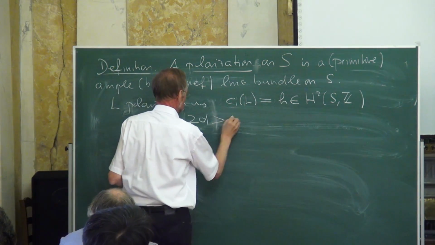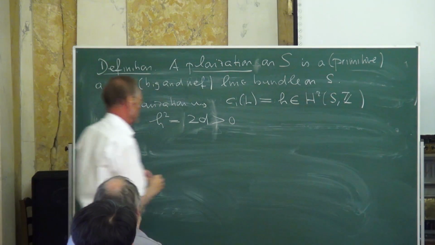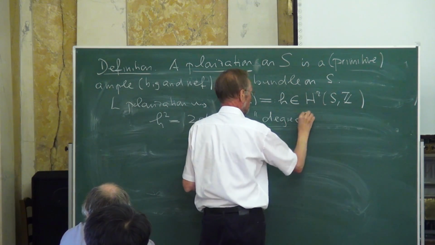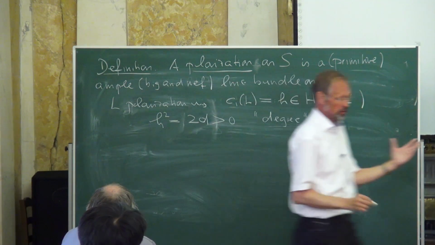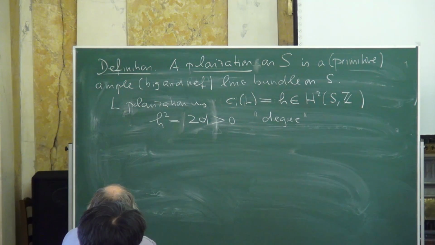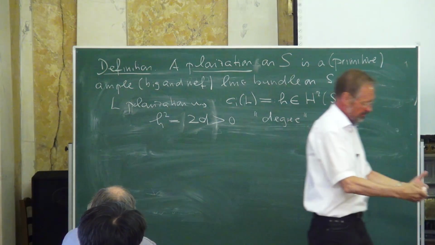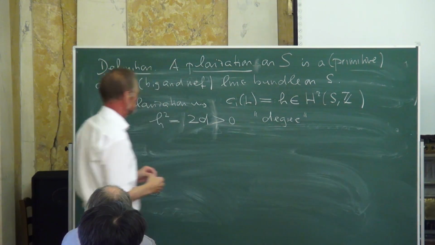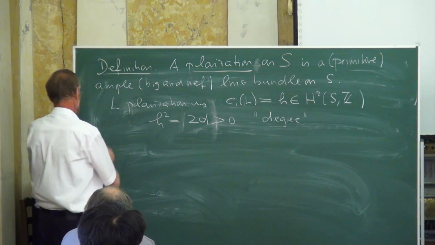So this is 2d and it's positive, yeah? And I call this the degree of the polarization. And you should think about it as the degree of this embedding. So if you intersect with a complementary dimensional projective space and count the number of points, that is the degree. Okay?